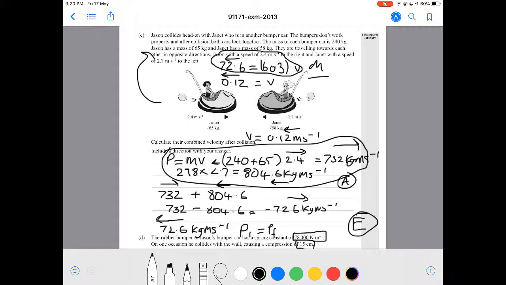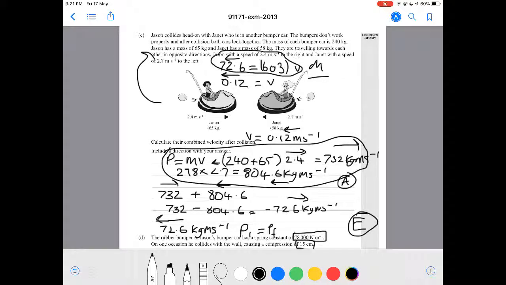So unless you're trying to find the force experienced by a certain object, for example, the question might ask you what was the change in momentum for Jason, or what was the change in momentum for Janet? But the change in momentum for the system in general is 0, because we could assume conservation of momentum, and the initial momentum is equal to the final momentum.